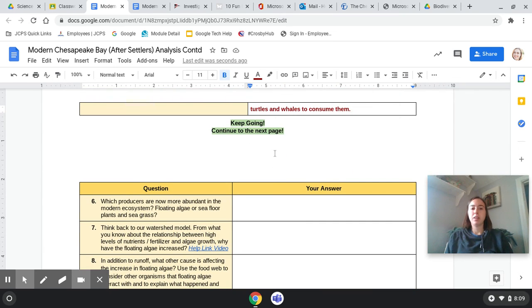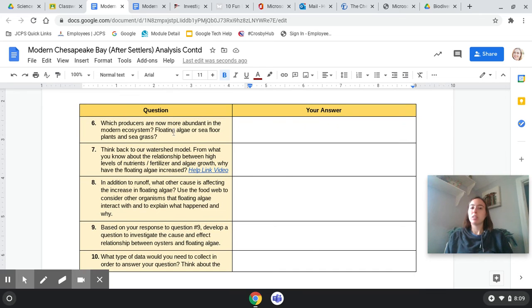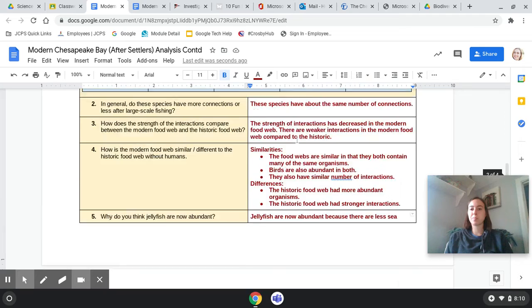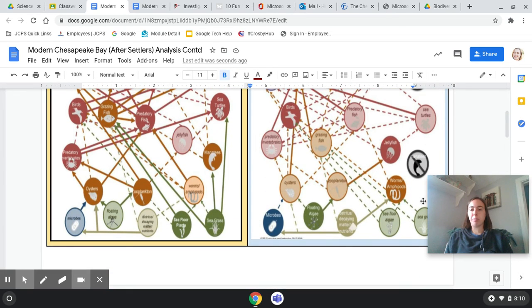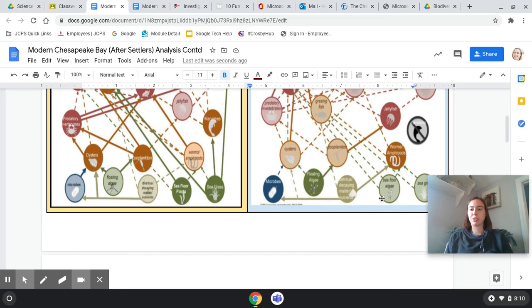Keep going. We have 5 questions left. So here's number 6. Number 6 says, which producers are now more abundant in the modern ecosystem? Floating algae or seafloor plants and seagrass? So which one is more abundant? In my modern food web, my producers are down at the bottom.